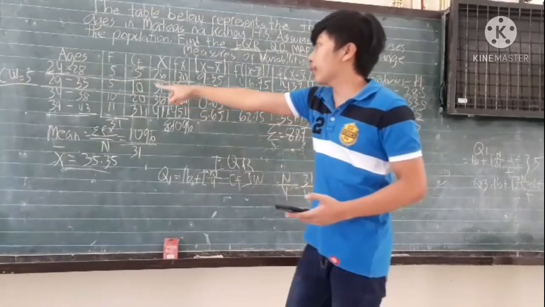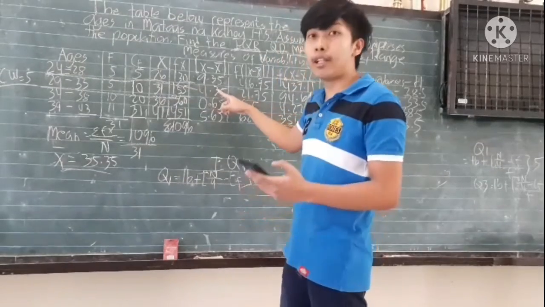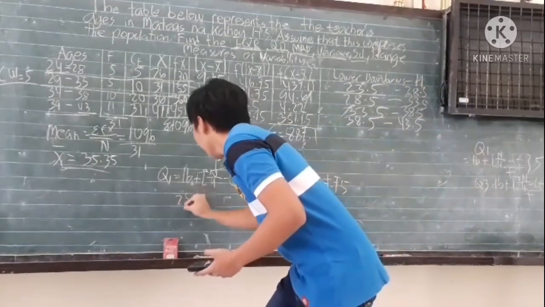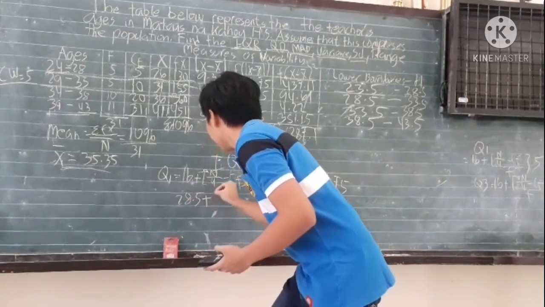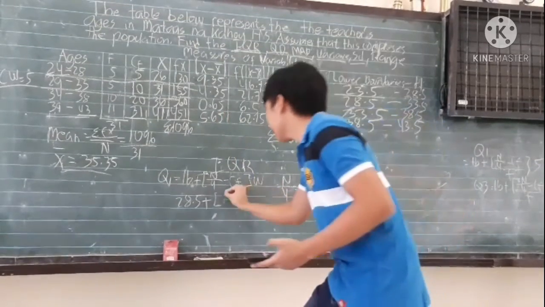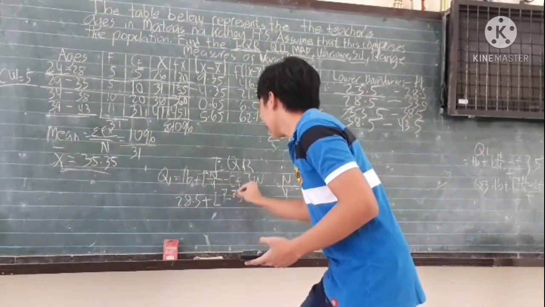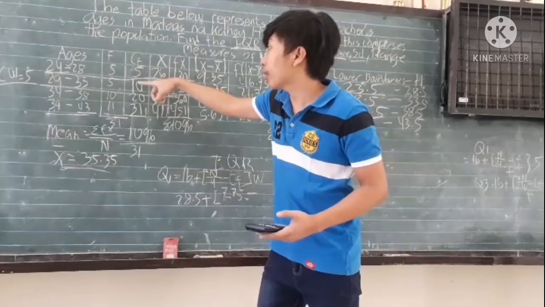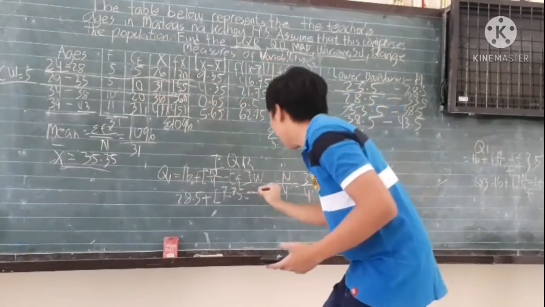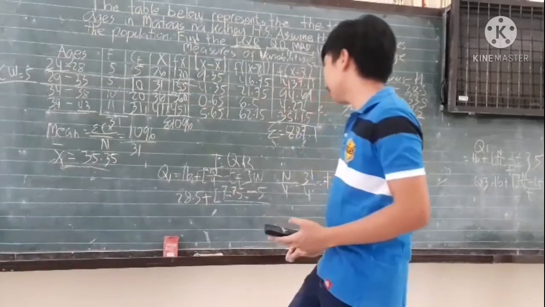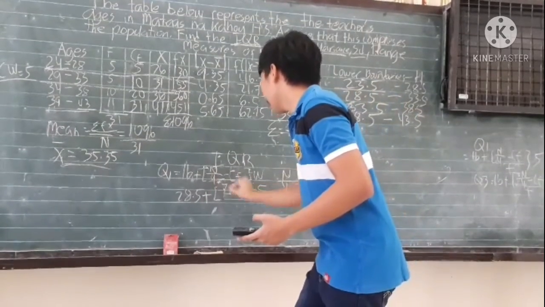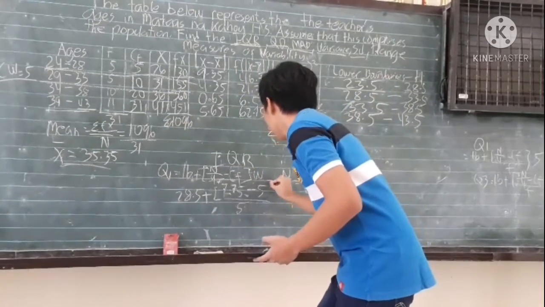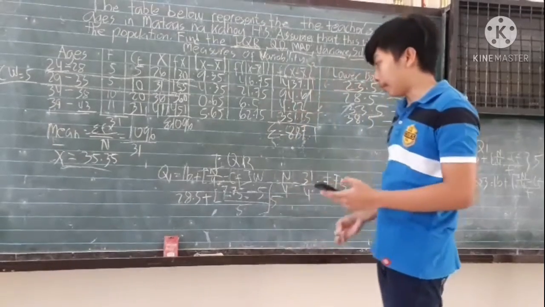So we need to get this quartile 1 class. We need to get the lower boundary. So 28.5 here. 28.5 plus 7.75 minus the cumulative frequency before the cumulative frequency of our quartile 1 class, so minus 5 over the frequency of our class, 5, divided by 5 times 5.